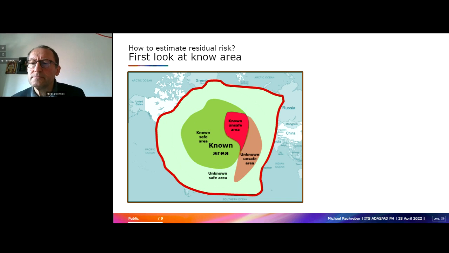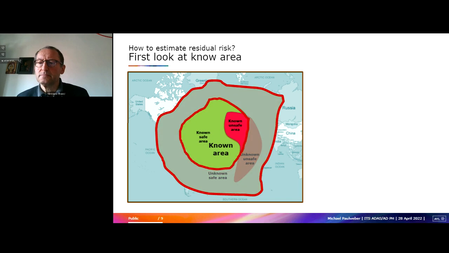And more difficult in the unknown area, so that this long tail is this very rare situations which can occur. You have also unknown safe areas, which doesn't bother you that much, but the unknown unsafe areas are the really critical ones. And the question is, what our approach is to minimize these unsafe areas that are known or unknown.